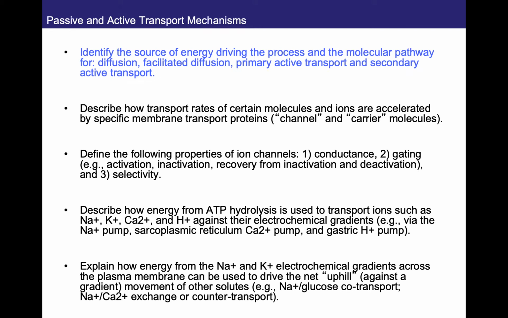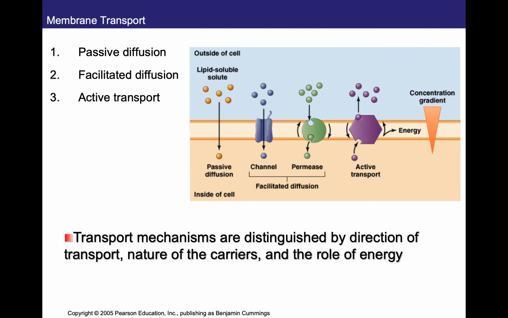Here are your learning objectives. You can take a look at this at home, but I just want to make sure that you know that you have access to it. So today we're going to talk about these 3 different transport properties: passive or simple diffusion, facilitated diffusion, and active transport. And this is a nice slide that details some of the major differences.